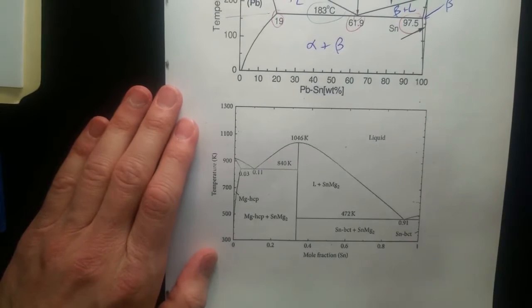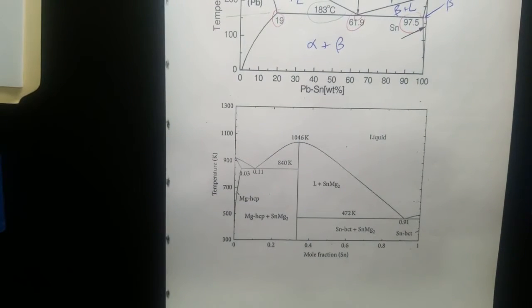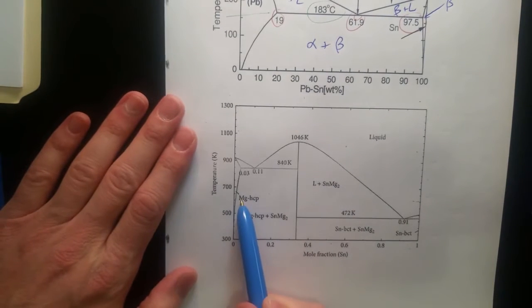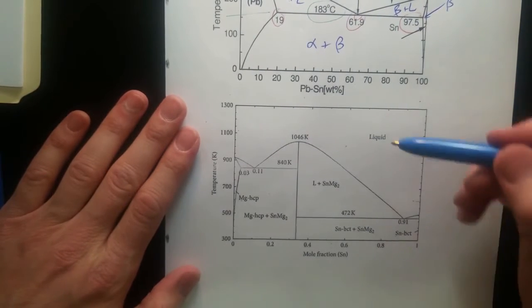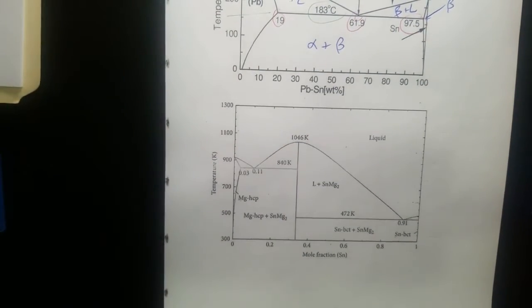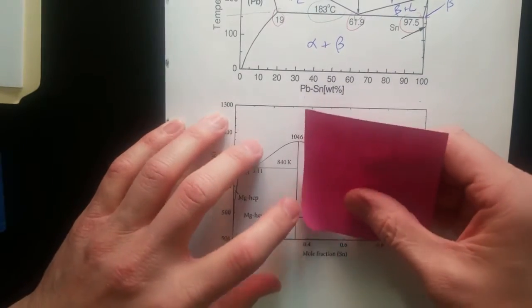Let's come down to this diagram. This is a diagram of magnesium-tin. We've got liquid. We actually have kind of two phase diagrams here that are butted up to each other.